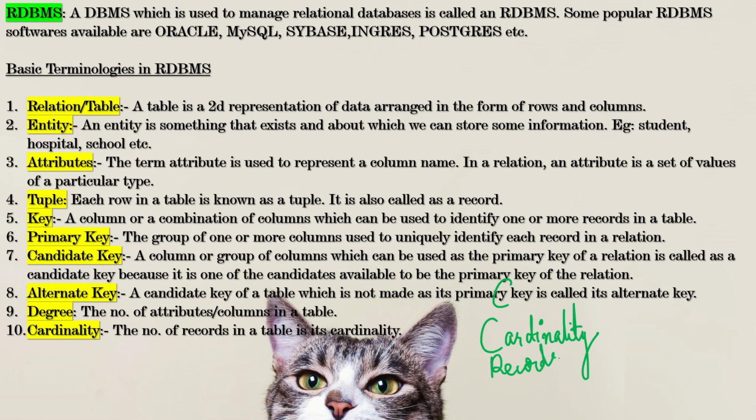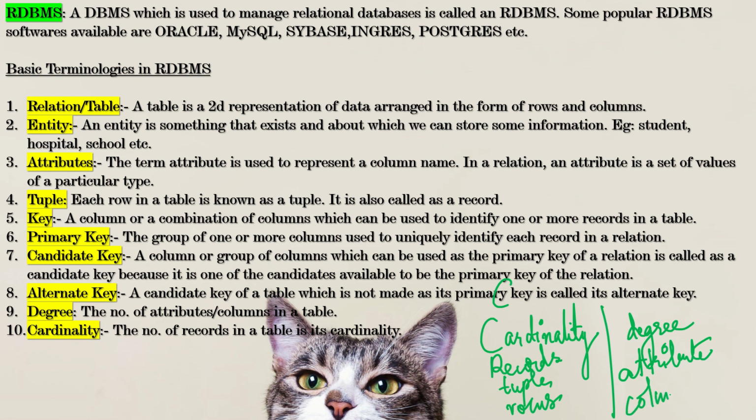Records. Records also known as tuple. What is tuple? The number of rows. Now, on the other hand, we have degree, which is the number of attributes or columns. So, degree, attribute, column.